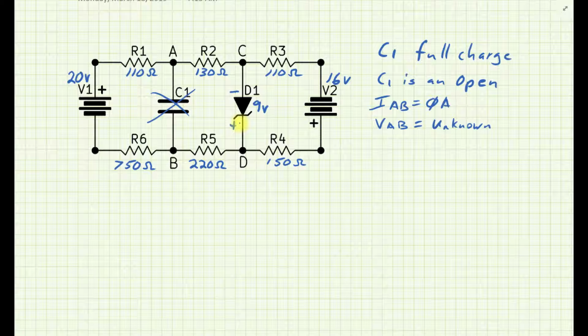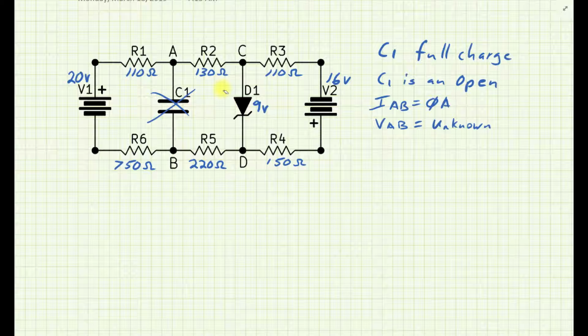Now we don't know what that diode is seeing, so we're going to have to figure out a plan to figure that out. If that diode was sitting around on the shelf, basically the conditions have not been met for that semiconductor to be a conductor. So we'll consider that it is an open or infinite resistance until it's provided with some conditions where it will allow current to flow.